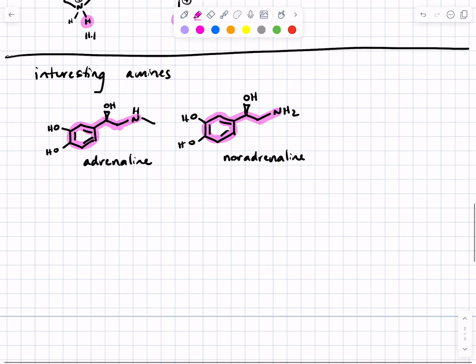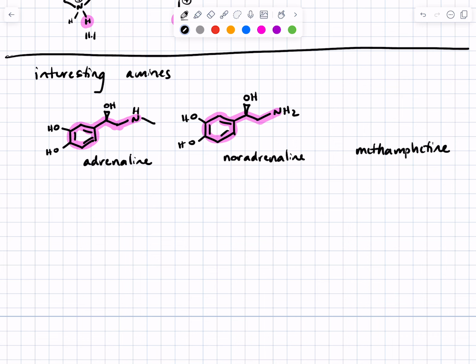And you'll see some similarities when I draw the structure for another molecule that is in the news a lot and has devastating long-term effects, and that's methamphetamine. It has the same phenyl ethyl amine structure.